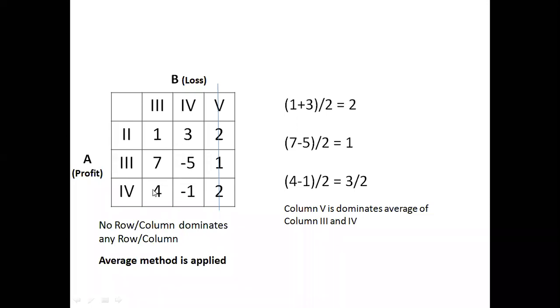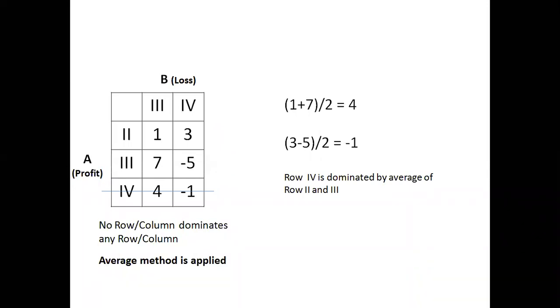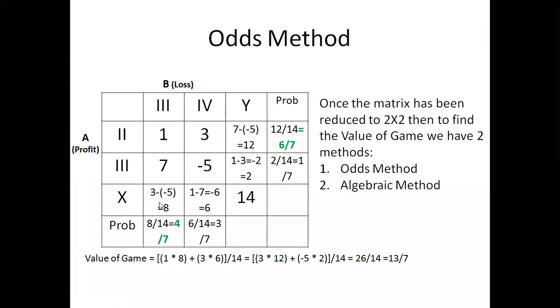So again we apply the average method in order to eliminate one of the rows. So what we have done is we have considered the average of row 2 and row 3. (1 plus 7) by 2 is equal to 4. (3 minus 5) by 2 is equal to minus 2 by 2, it is minus 1. So if you see, row 4 is less than or equal to 4, correct?